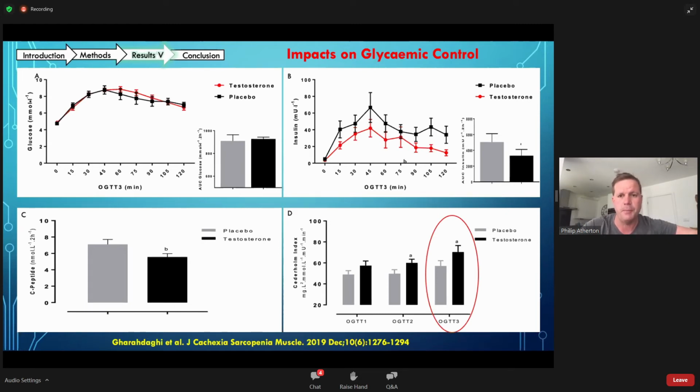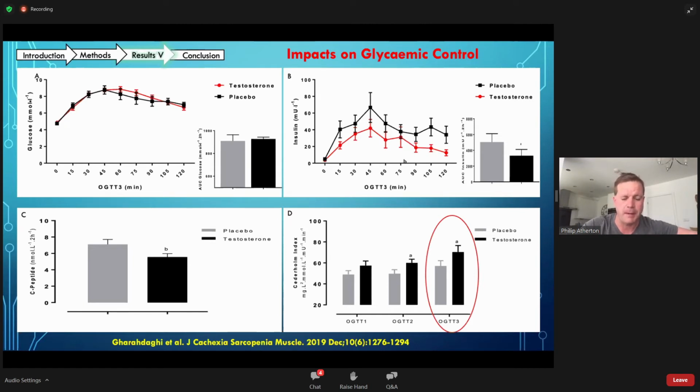If you look at graph B, what you do see is that the testosterone group tend to have a lower overall net response in terms of insulin than the placebo group, and that is indeed significant. So this is suggesting that to maintain that glycemic control, less insulin secretion may be required.